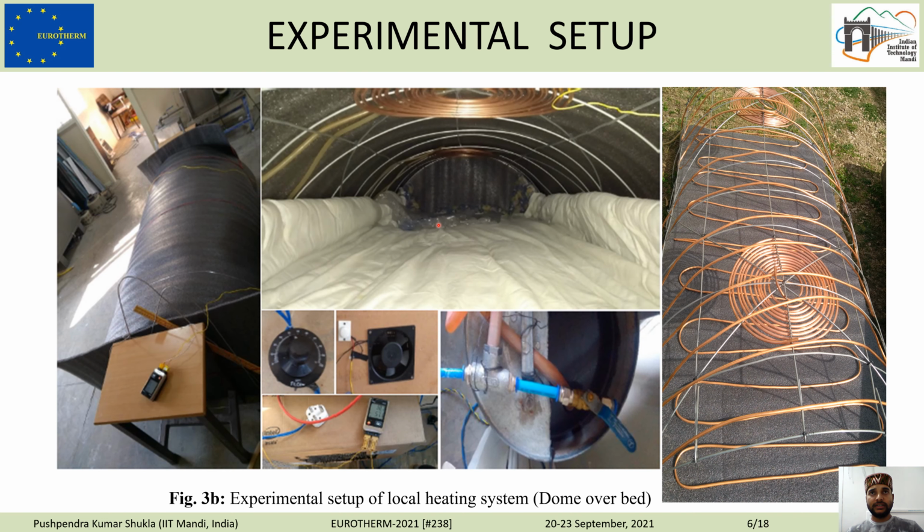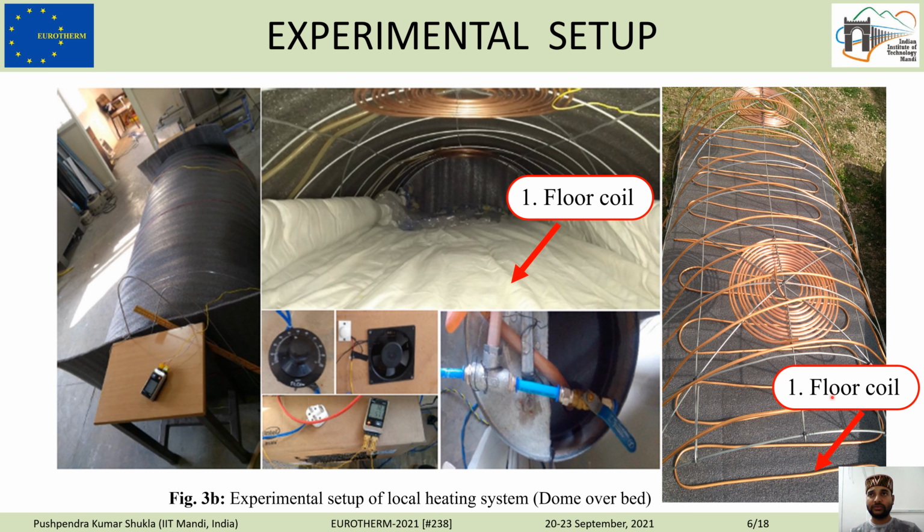Here we could see the inside view of that setup. Mostly we worked with three types of copper coiling, to make it much better. One is the floor coiling; these are the coils which are in the floor only.